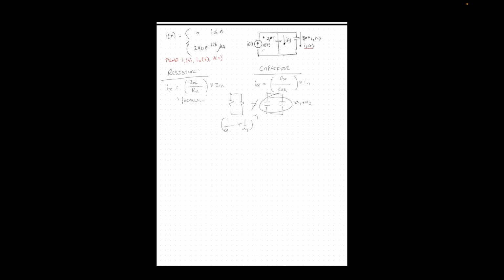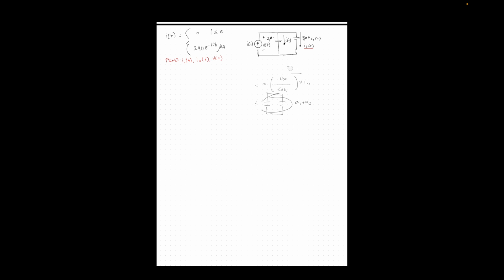All right? So going off of this, we're going to play some pretty nice tricks on this circuit. We're going to use the current division to find I1 and I2. Similarly, I can go ahead and just solve for CEQ.